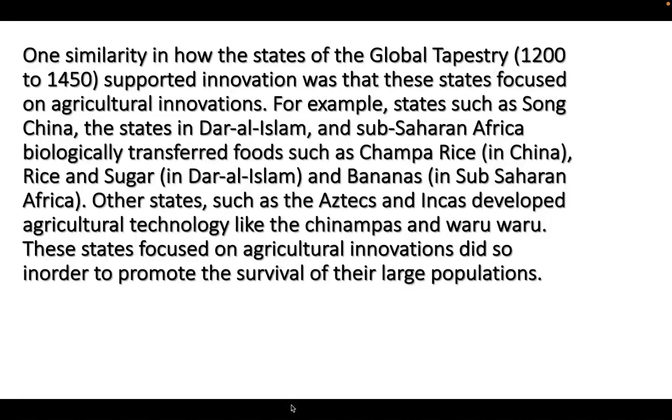Now, could I have said that states such as Song China and Dar es Salaam biologically transferred food such as Champa rice in China and rice and sugar in Dar es Salaam, and other states such as the Aztecs developed chinampas? Yes, I could. But make sure that the evidence that you provide totally makes that A statement correct.